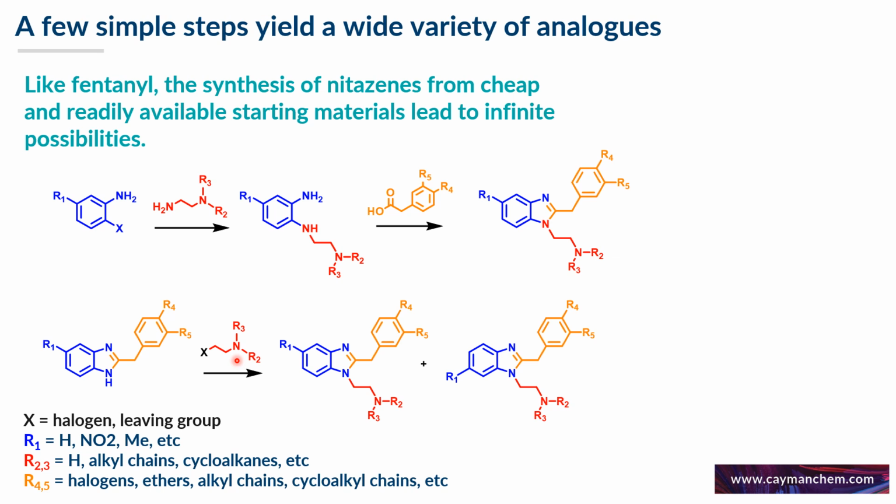And then because this double bond can isomerize and bounce back between N1 and N3 through tautomerization, this allows alkylation to occur on the top and the bottom of the benzimidazole. So this causes kind of a scramble where you have the R1 being installed at both the 5 and the 6 position on the final products.